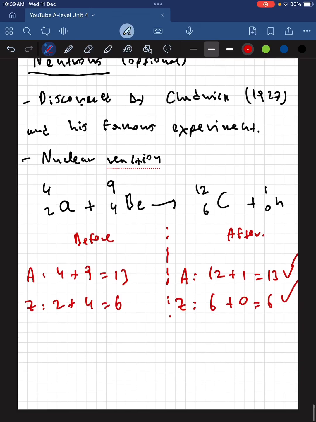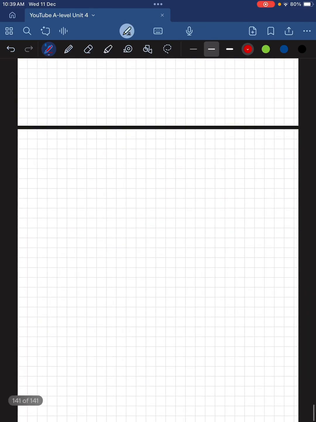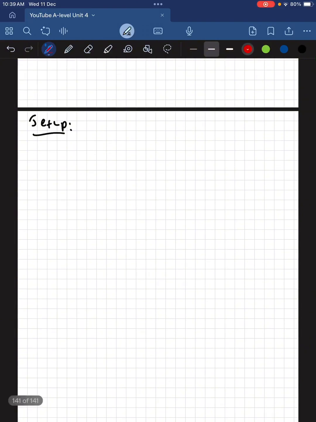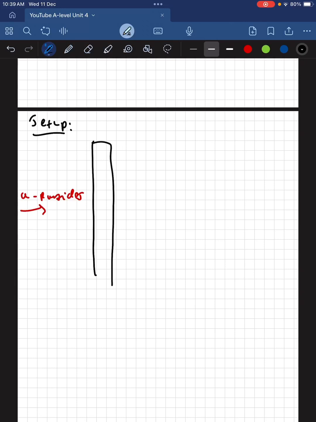All right, so how do we make this happen? So what did Chadwick do? So let's do the setup. Send alpha particles on a beryllium-9 target. Okay, so this is what he did.